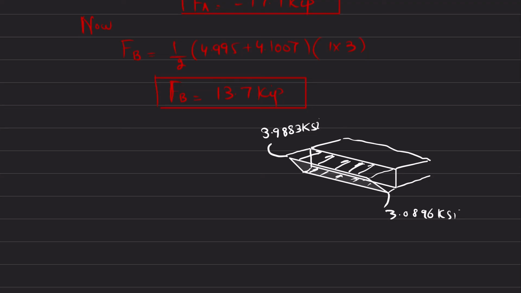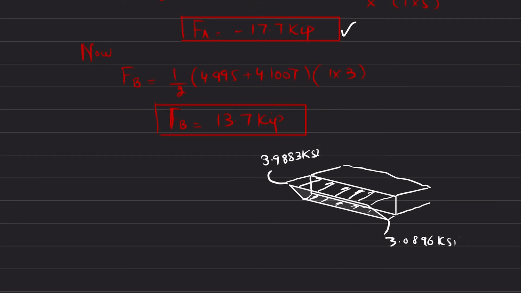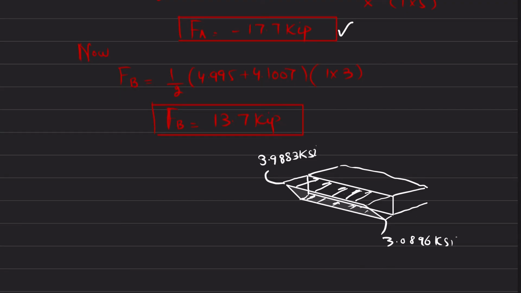And what about this, that we have calculated FA? FA will be basically this one. We have converted this stress into force, then this is FA, which is minus 17.7 kip. Now if I draw the bottom one, so bottom one is like this one, clear, and the stress distribution will be the same as in here.